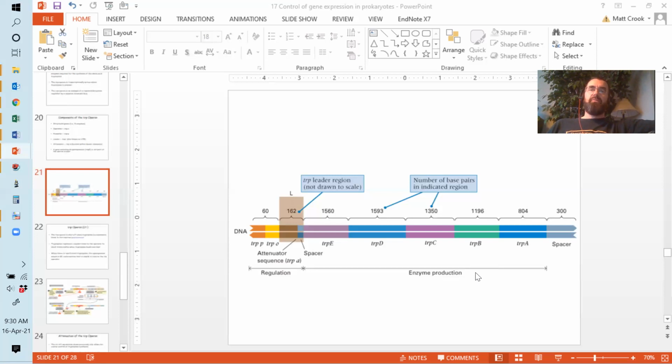Okay, so the next step that you need to get is, how does transcription get terminated in prokaryotes? This is going back a way now. What are the two main mechanisms for transcription termination in prokaryotes?